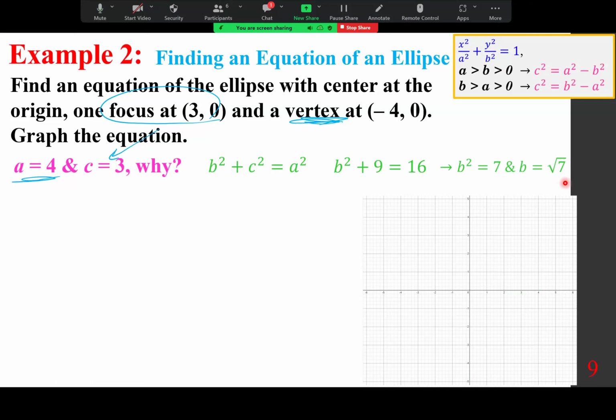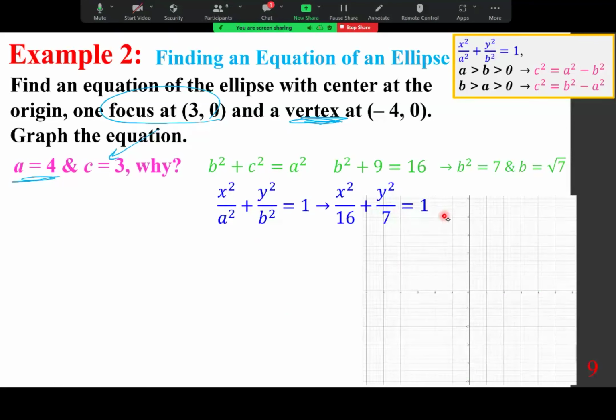Again, it's pretty straightforward as to how we arrive at that. Everybody okay? So the formula x squared over a squared plus y squared over b squared equals 1 becomes x squared over 16 plus y squared over 7 equals 1. So that's the equation. So it's very easy to get the equation.